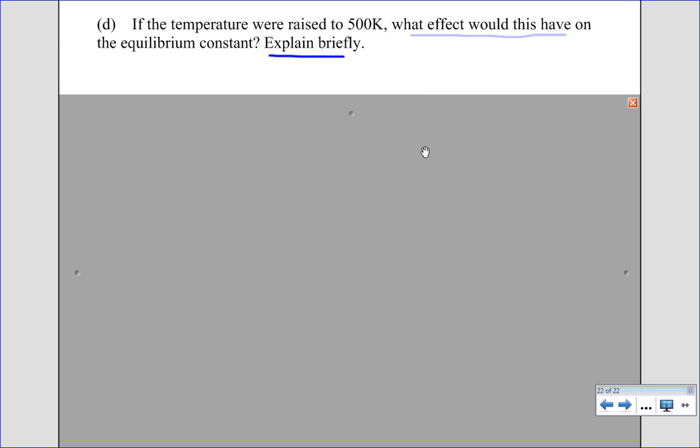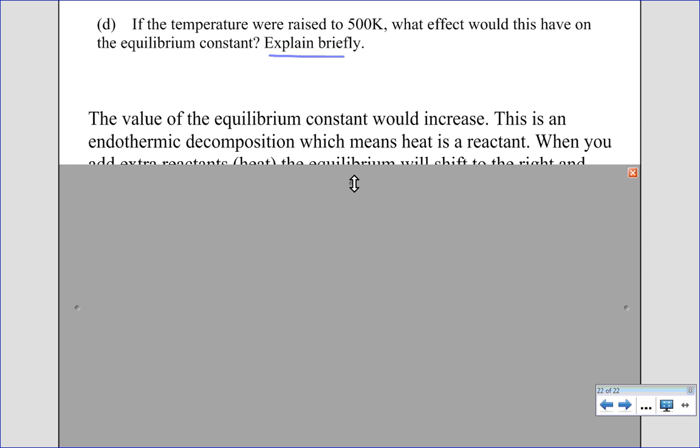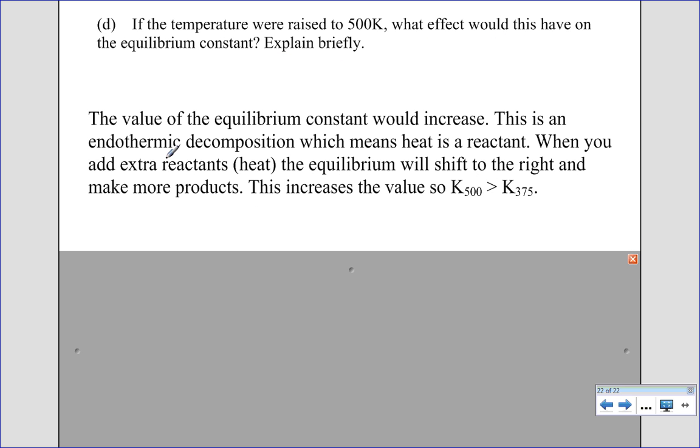It makes the grading easy. So the very first thing you should say is something like this. The value of the equilibrium constant would increase. Now, it's okay if you figure that out before you write that down, but you should make that match what effect would this have? And that is the first sentence. Then your explanation follows it.